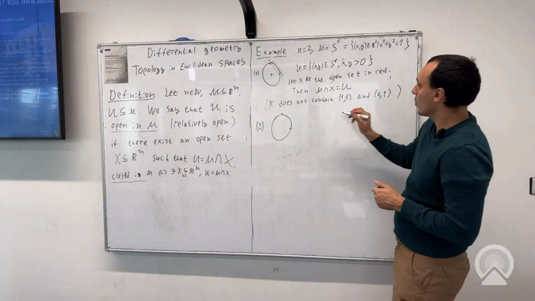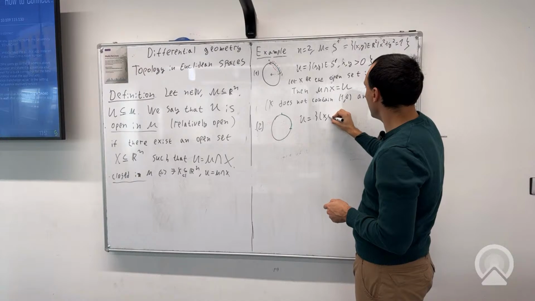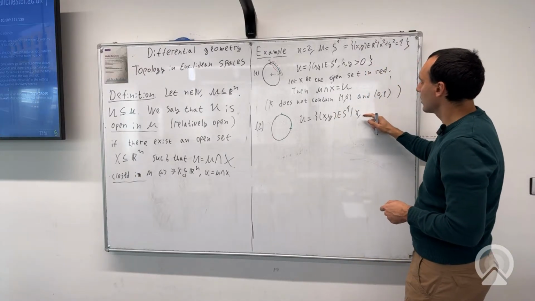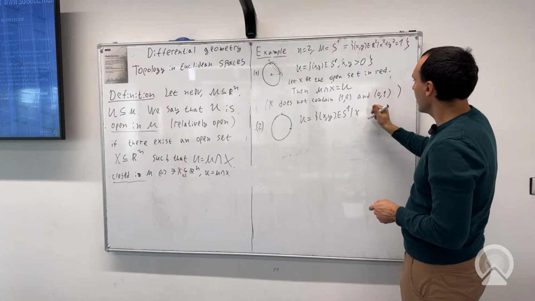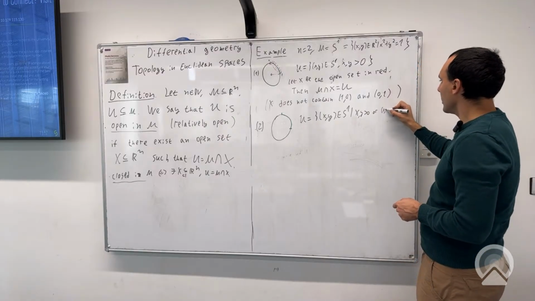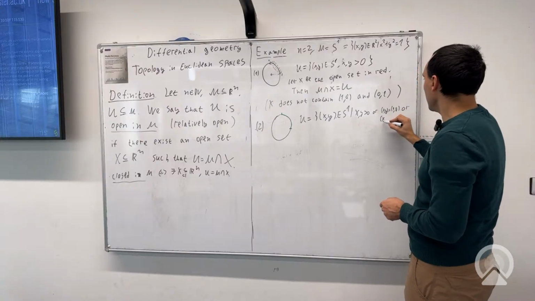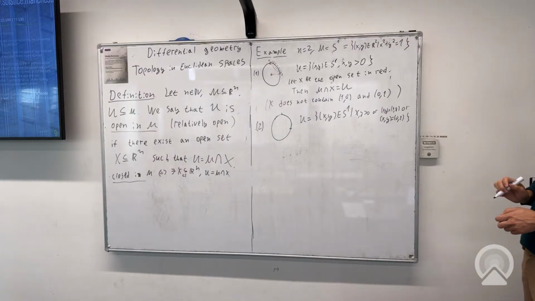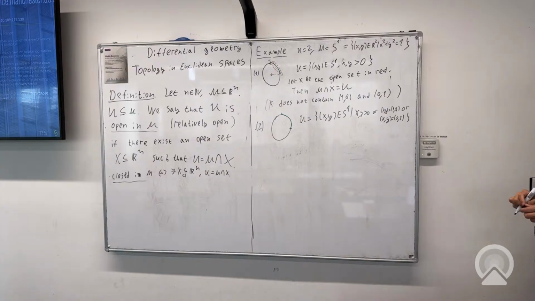So U is now (x, y) in S1 such that x and y are bigger than 0, or (x, y) is (1, 0), or (x, y) is (0, 1).